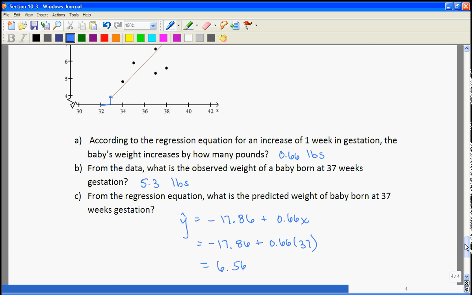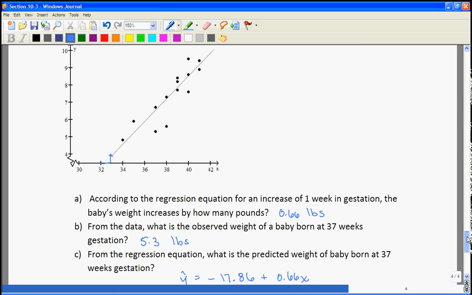Well, here's the reason why. The data value of 37 weeks gestation and 5.3 pounds is right here. Notice how far away it is from the regression line. That would explain why there's such a difference between the observed value and the predicted value that we got. Now, perhaps if we had more data, more data would help to give us a better sense of what's going on.